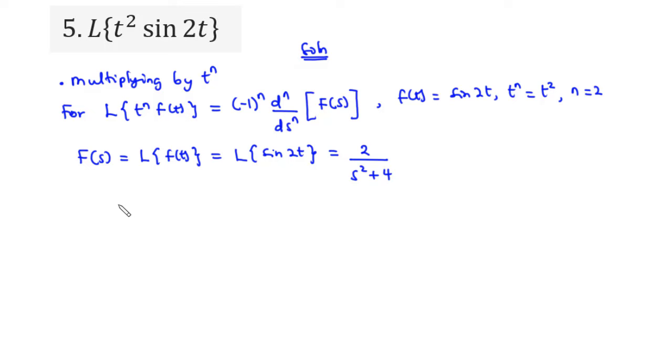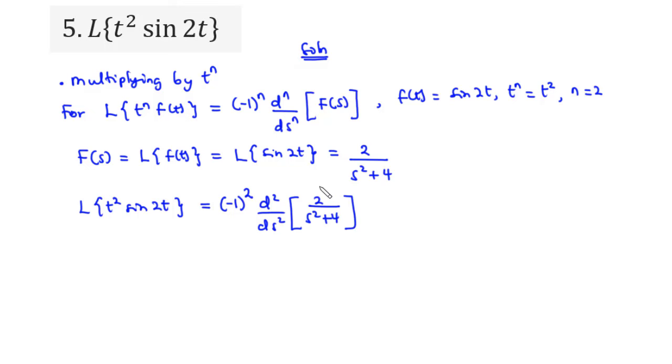Now the next thing is we have the left hand side, which is the Laplace transform of the function t squared sine 2t, and that is equal to, using this formula, we have -1 to the power n, and then n is 2, times the second derivative with respect to s of the function F of s, which is 2 divided by s squared plus 4.